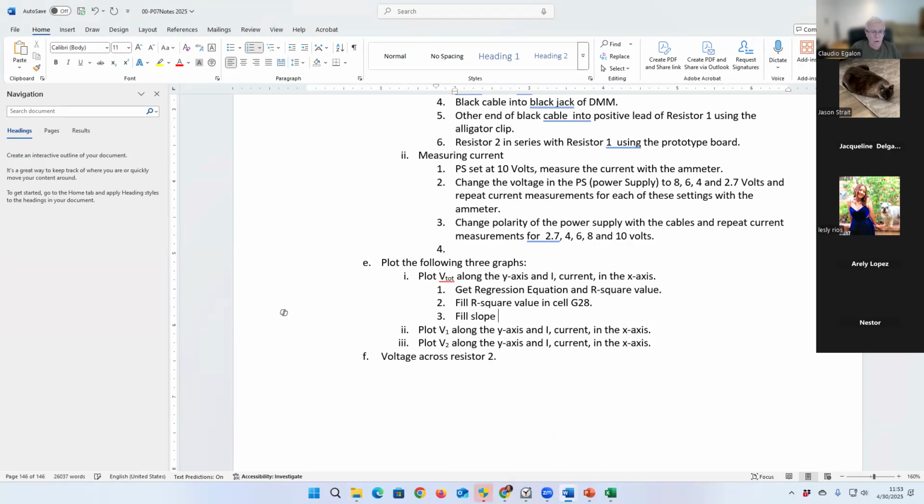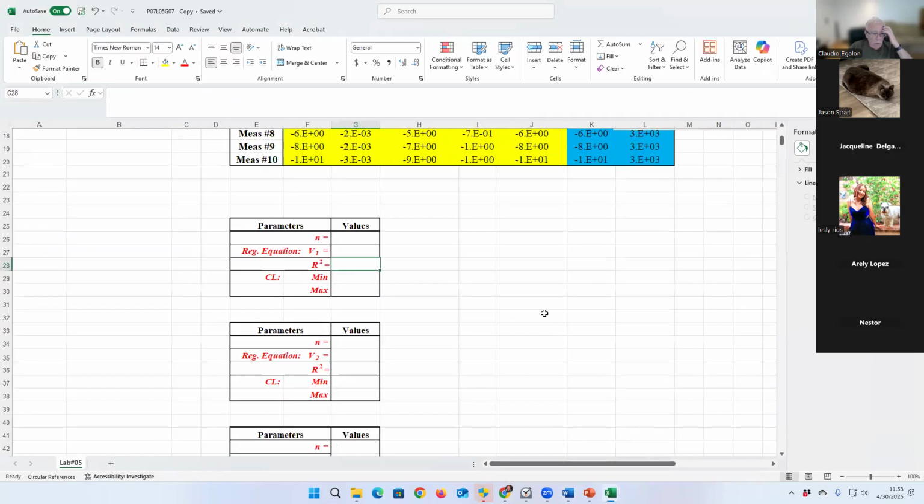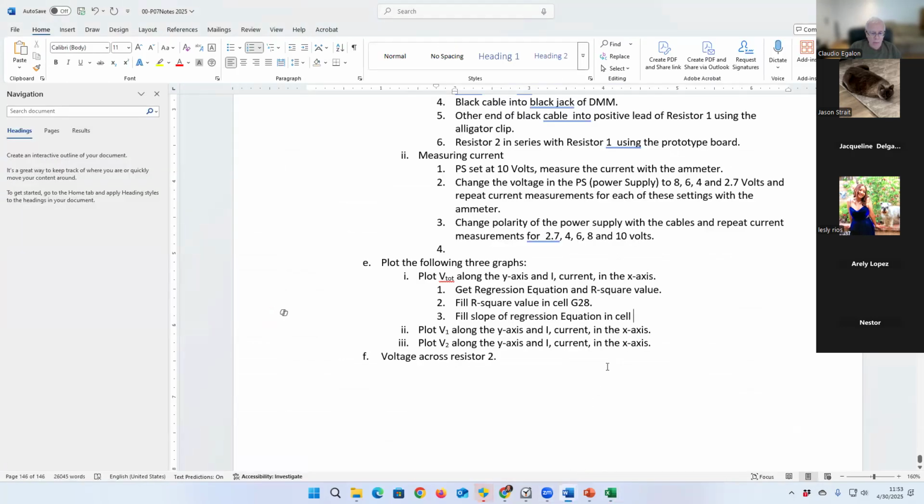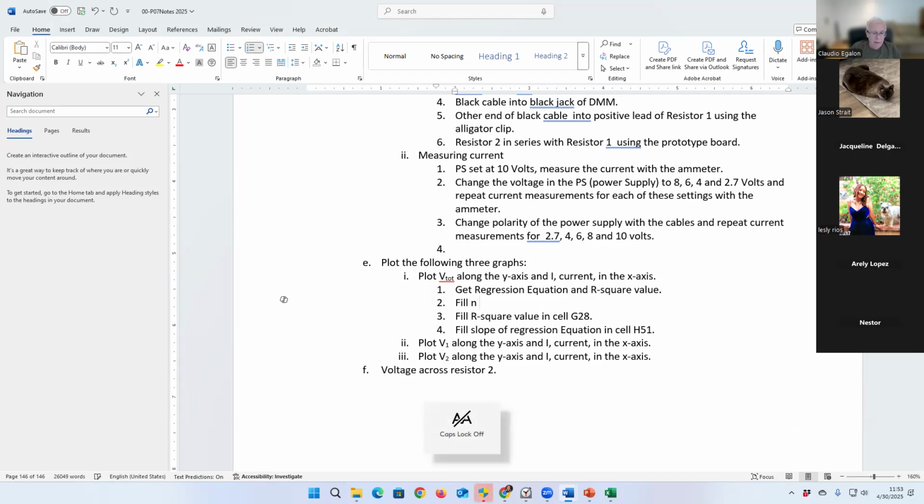Fill the slope of the regression equation in cell H51. What else? Fill the value in a cell. Is that G27?